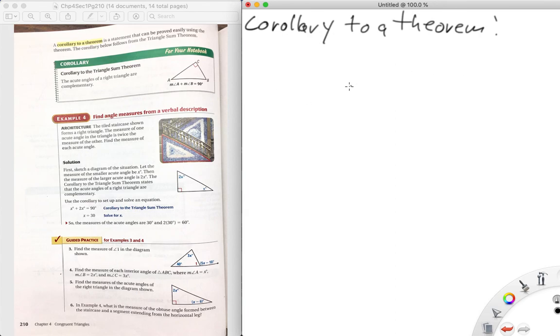So we proved the triangle sum theorem and set them all equal to 180.